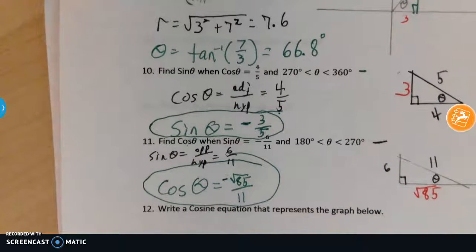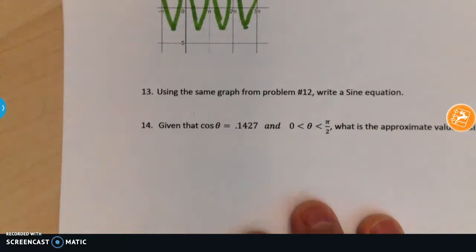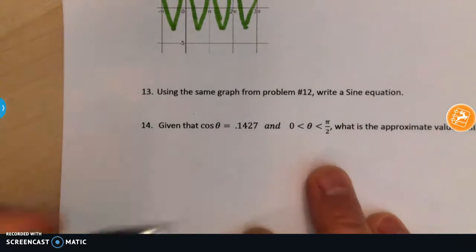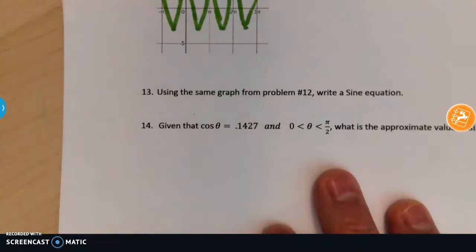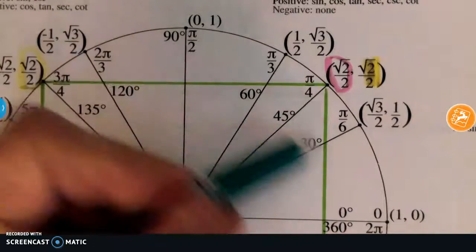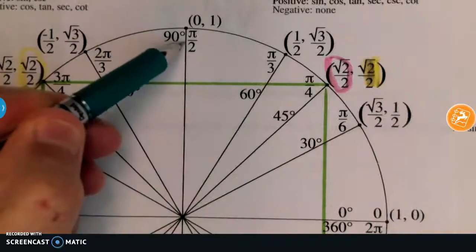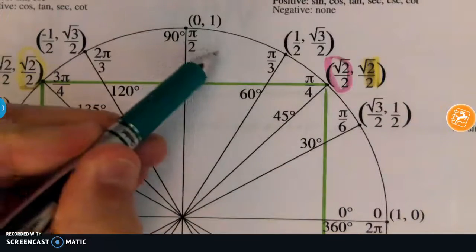I'm going to take a slightly different tack here. So between 0 and pi over 2 is 90 degrees. So on your unit circle, that's from 0 degrees to pi over 2, or 0 radians to pi over 2 radians.